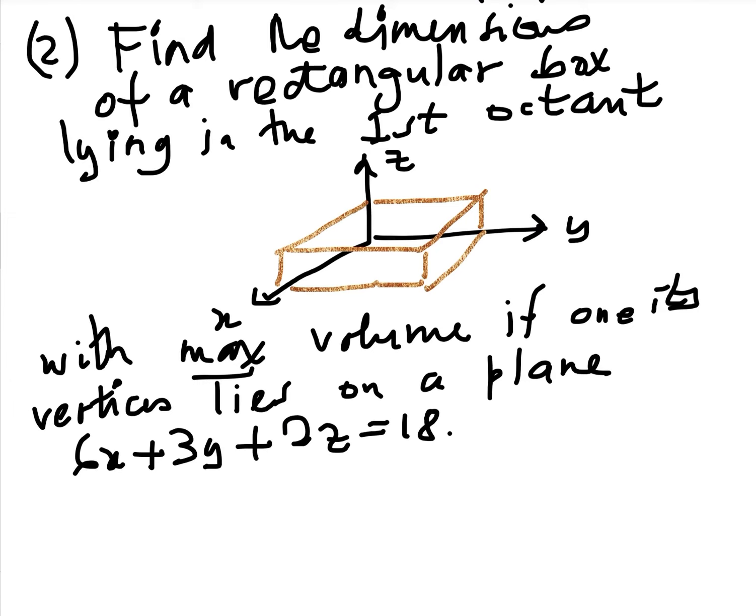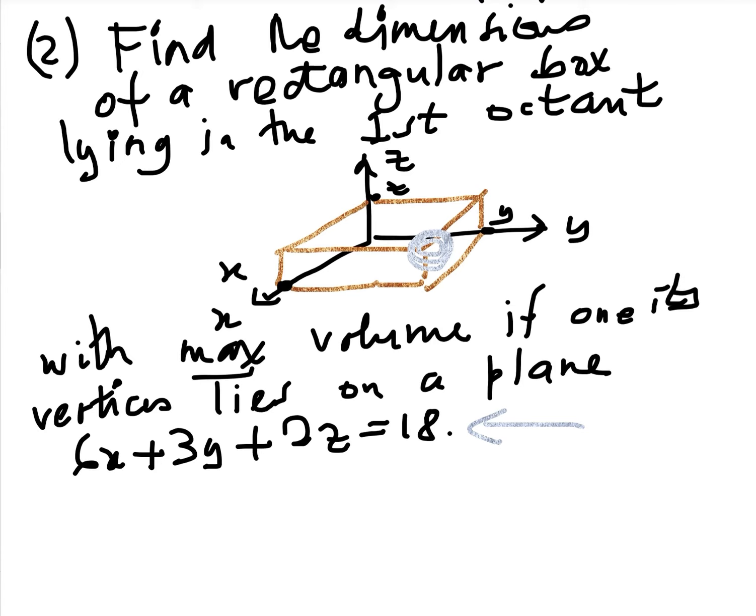So it's clear that it is going to be this vertex here that lies on the plane with that equation there. Now let's suppose the general value here is x, this is a general value y, and this is the general value z.